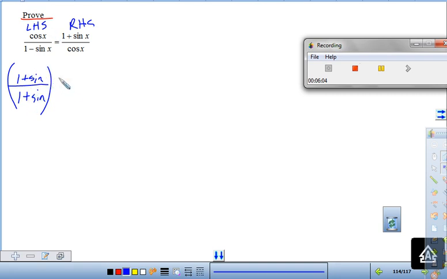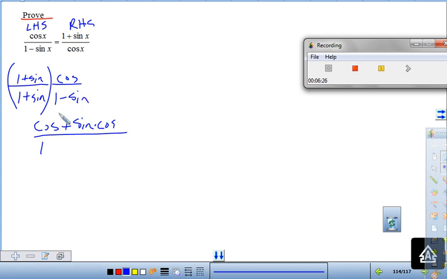And I'll multiply that by the cosine over 1 minus sine. So this then has to be distributed, and I get cosine plus sine times cosine over, and then I have 1 times 1 is 1. I have a negative sine, and then a 1 times sine is positive sine, so those two cancel.